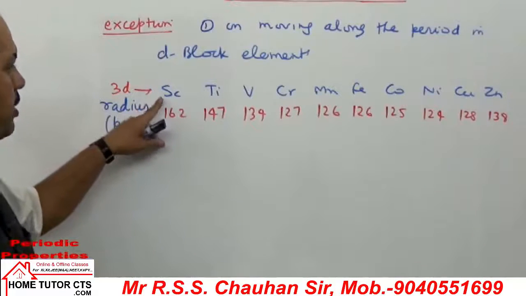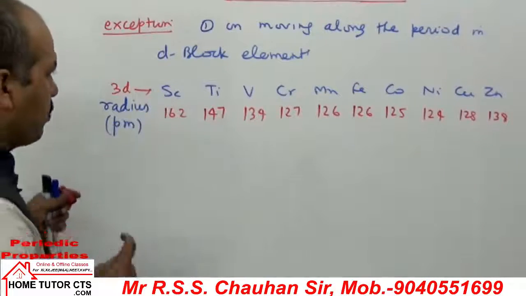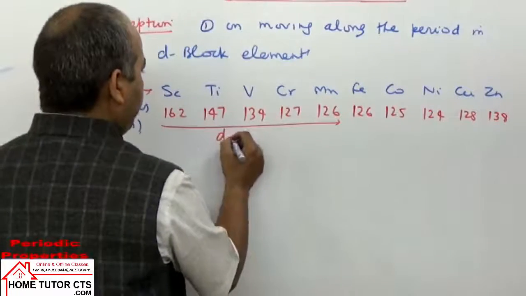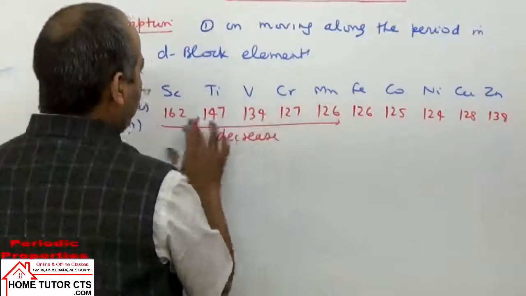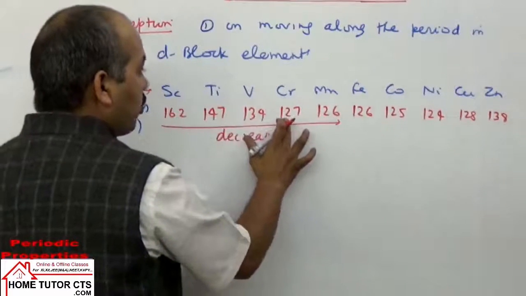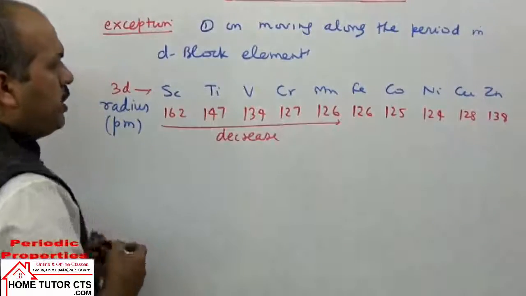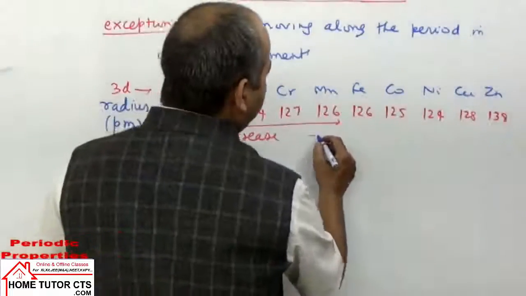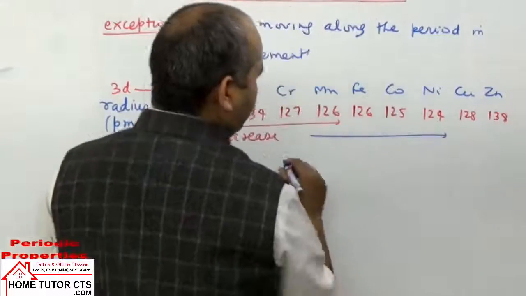So what happens in this case? If you take the size of atom, it first decreases up to the middle. It is 162, 147, 134, 127, 126, and then you can see the value of atomic size for the next few elements is almost constant.